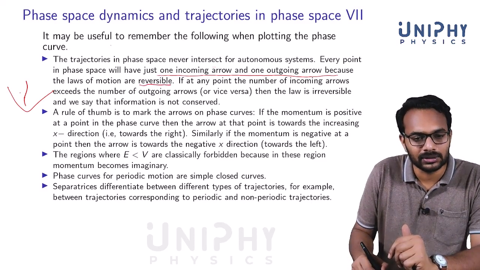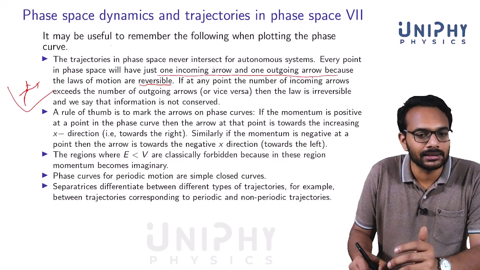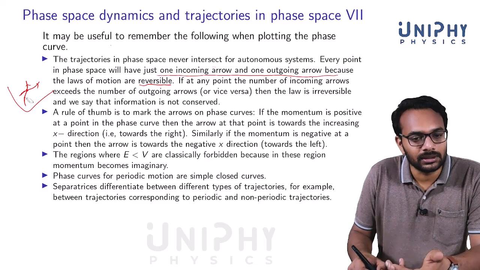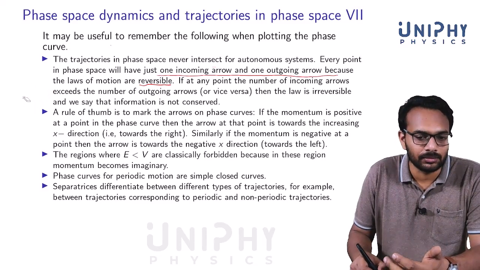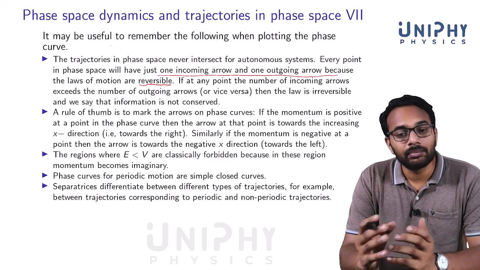Suppose they intersect, and at this point we don't know what the past of the system is. Imagining that the arrows are like this, it could be this or this, but this means that it's not reversible. For physical systems, the laws of motion are completely reversible.